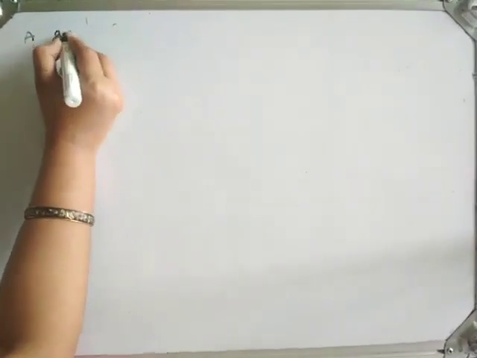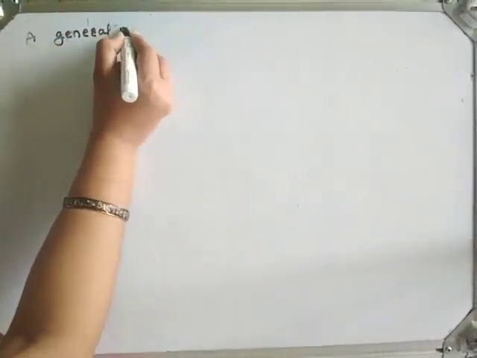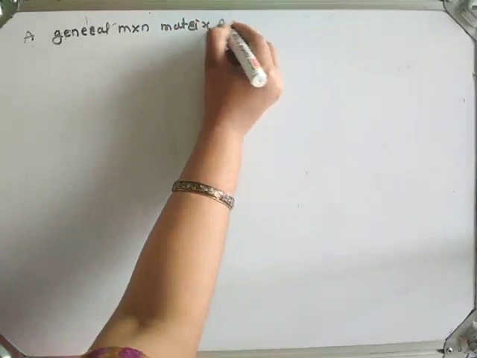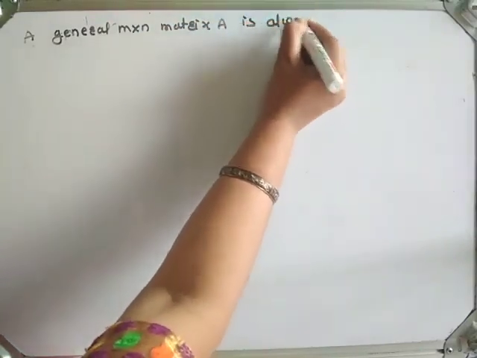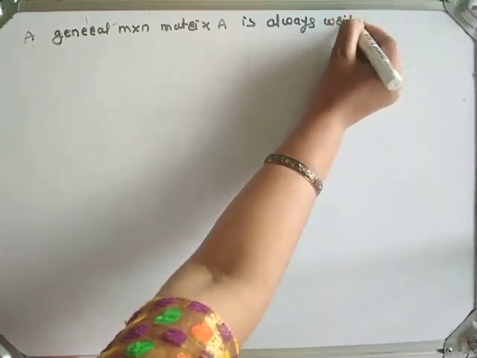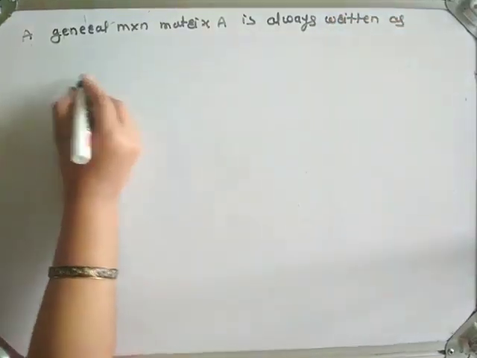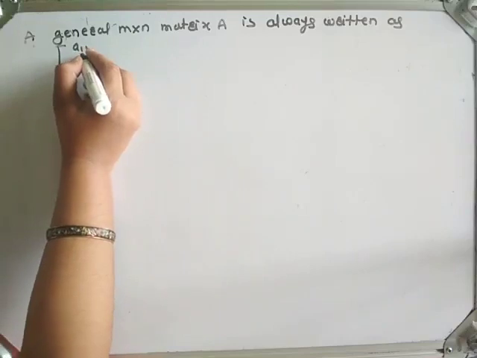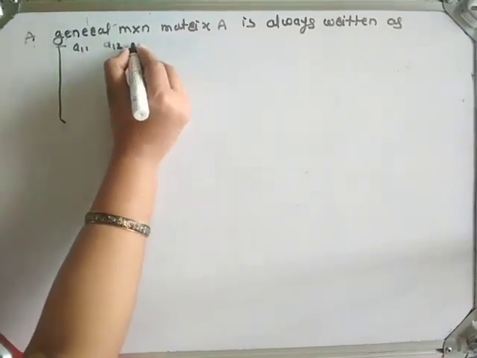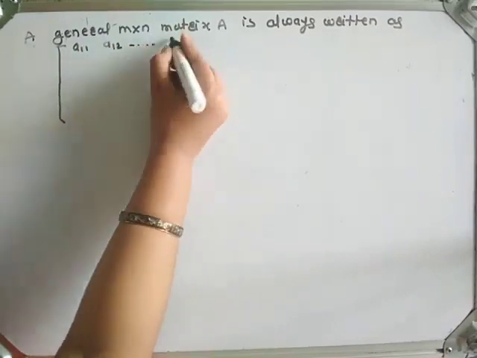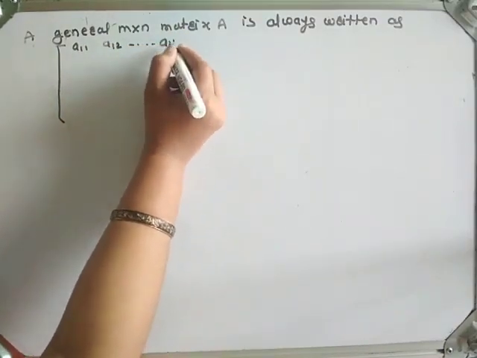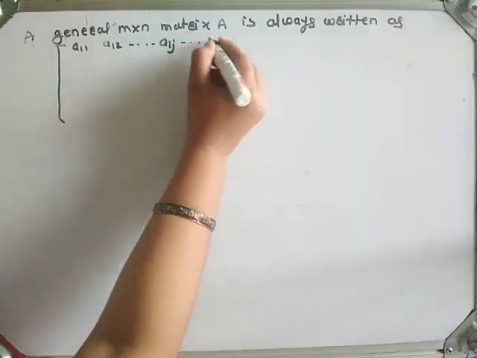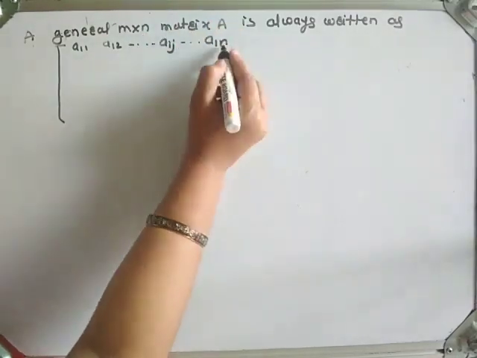A general m by n matrix A is always written as a11, meaning the entry in first row, first column; a12, entry in first row, second column, and so on up to aij, meaning the entry in ith row and jth column, and so on up to a1n, since the number of columns is n.